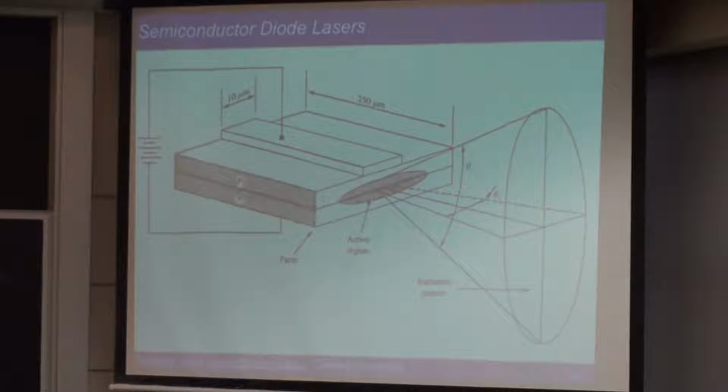The voltage you apply here is very close to the energy of the photon that's going to come out. So if the energy of the photon is 2 electron volts, then typically you'll be applying about 2 volts. If the energy of the photon is 3 electron volts, you'll be applying 3 volts, or slightly more, something very close.